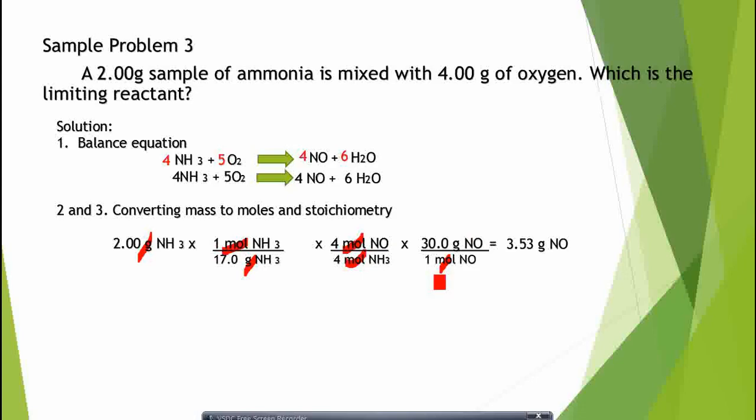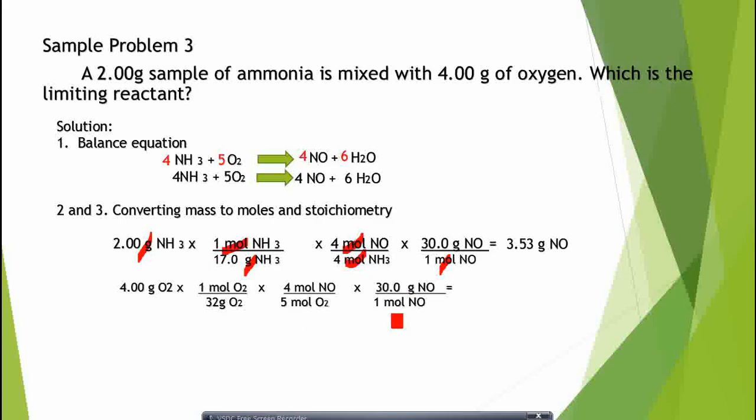Next, we have 4 grams of oxygen times 1 mole of oxygen divided by 32 grams of oxygen. 32 is because 16 times 2 is 32, 2 atoms of oxygen. Times 4 moles of nitrogen oxide divided by 5 moles of oxygen, times 30 grams of nitrogen oxide divided by 1 mole of nitrogen oxide.